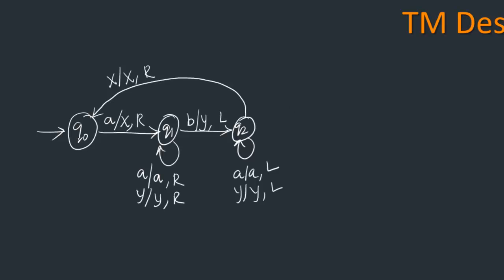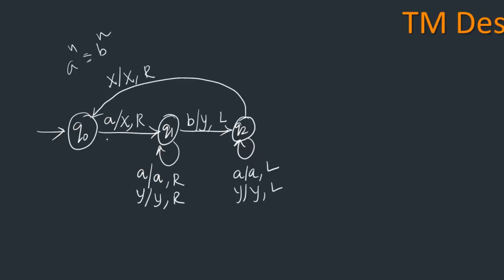So till this point when you complete, what does it mean? A power n is equal to B power n. The number of A's is equal to the number of B's. Once you reach here, after X, if you don't have an A, what does it mean?